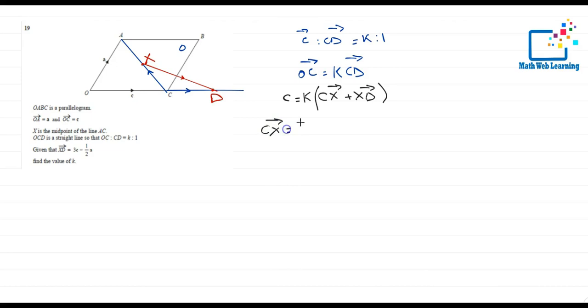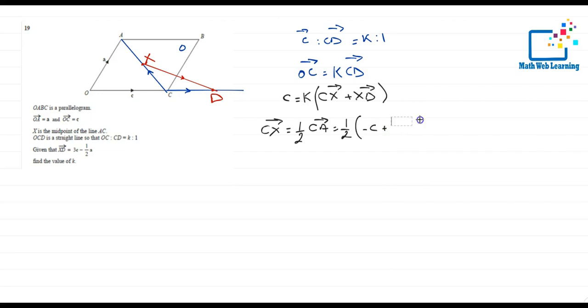C to X is half C to A, and to get from C to A, you do C to O, which is minus c, then O to A, which is plus a.